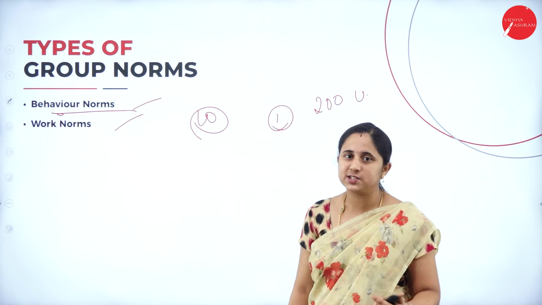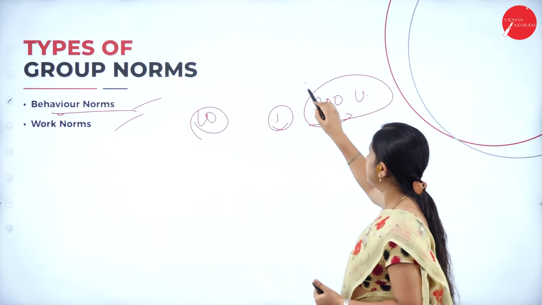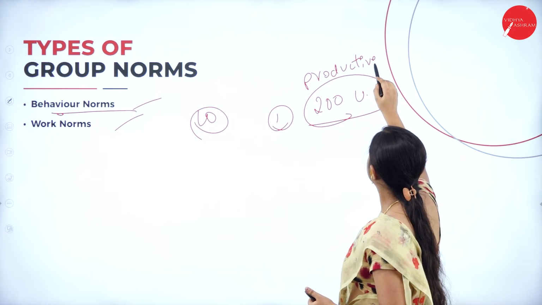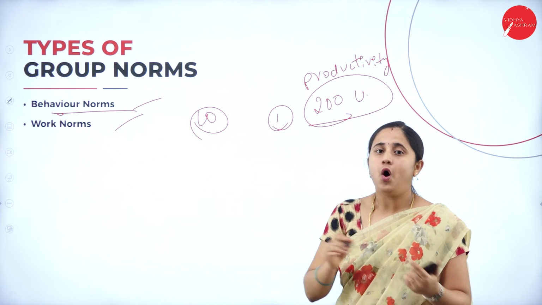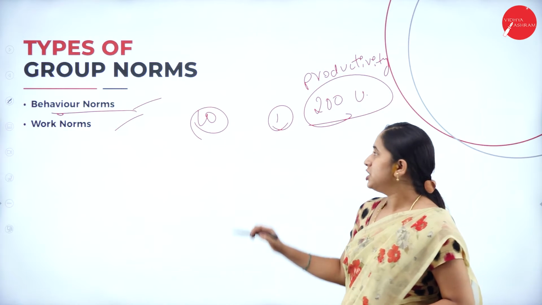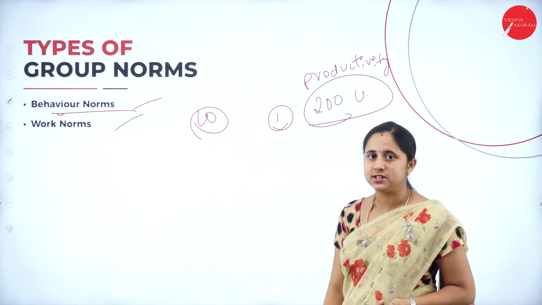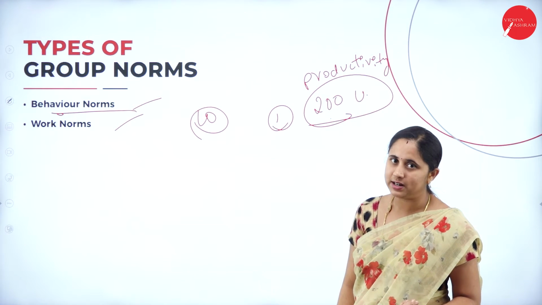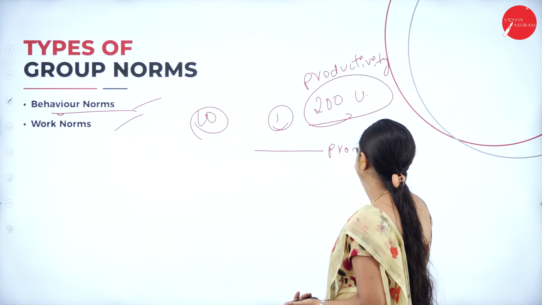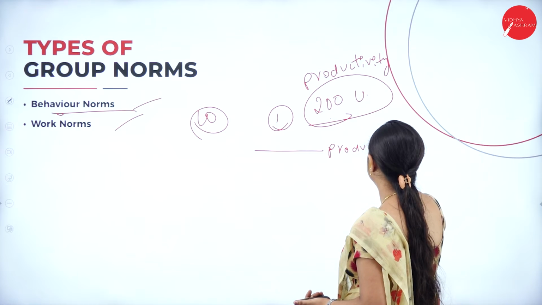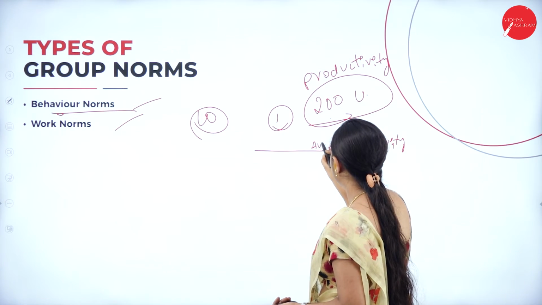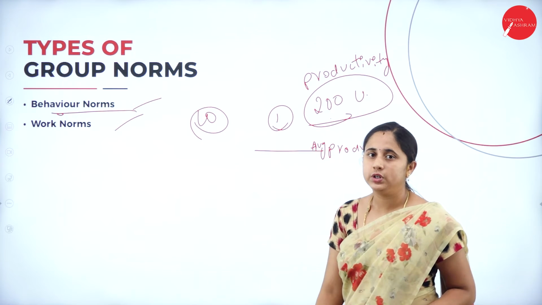You cannot expect the same productivity from all 10 group members. It depends on individual interest. So you need to consider the average productivity.